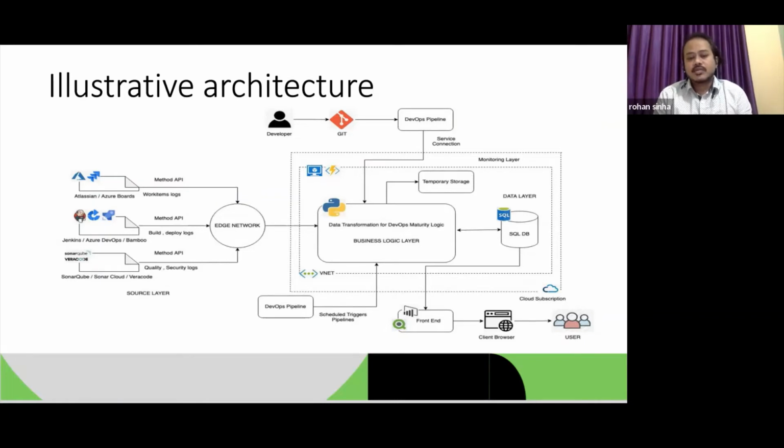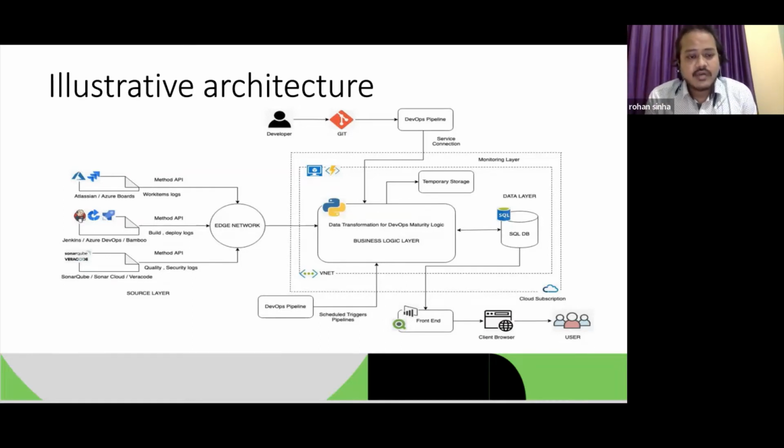In the source layer, on the left-hand side, we are talking about hooking up all the available tools in the market which can show the quality log, the work item level log, the security-related log, and the build and deployment-related log.